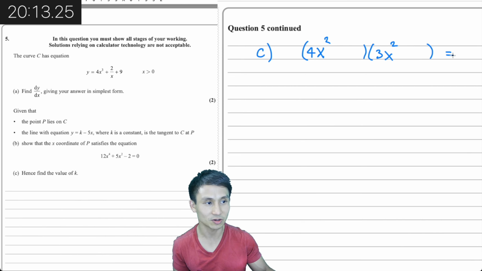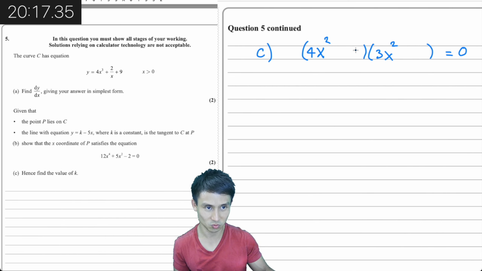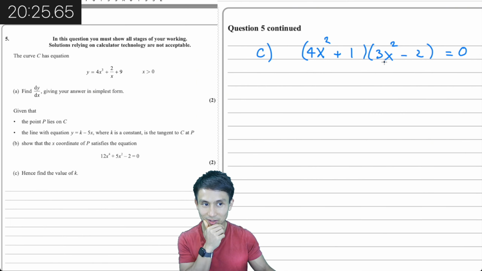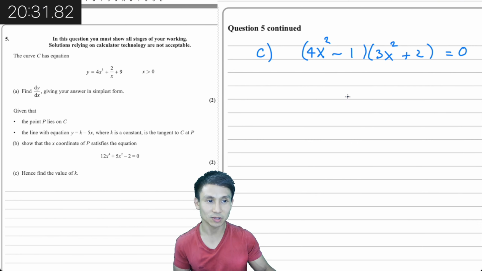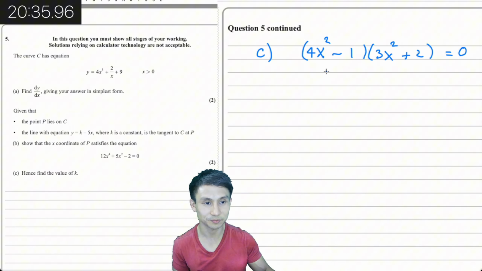I'm just guessing. So let me do 2 and 1. Does it work? 2 here, 1 here. Oh, no, it should be a plus here and minus here. So that's 8, and minus 3 becomes 5, and everything else works.